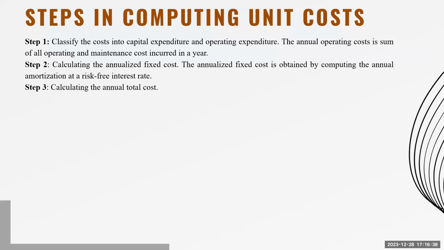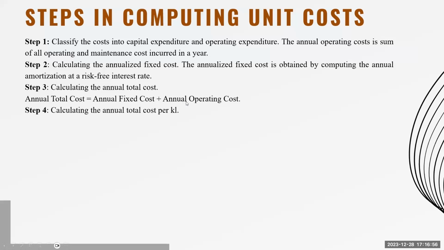That would hopefully be adequate for compensating any price changes that would happen on the fixed cost. Then we can calculate the annual total cost, which is annual fixed cost plus annual operating cost.